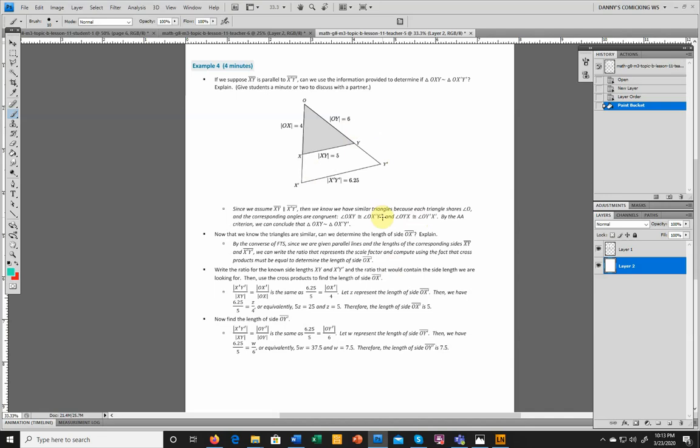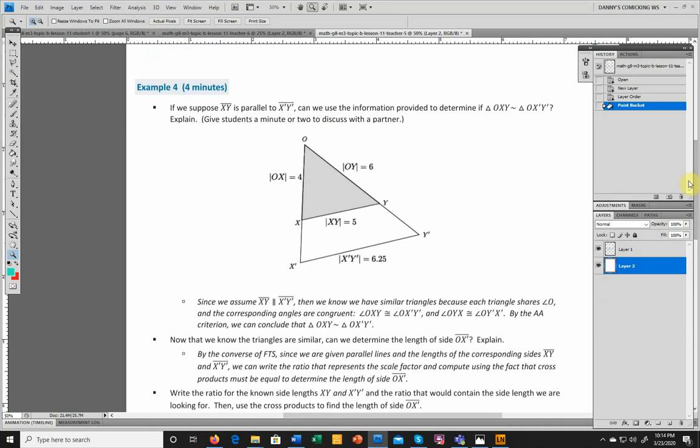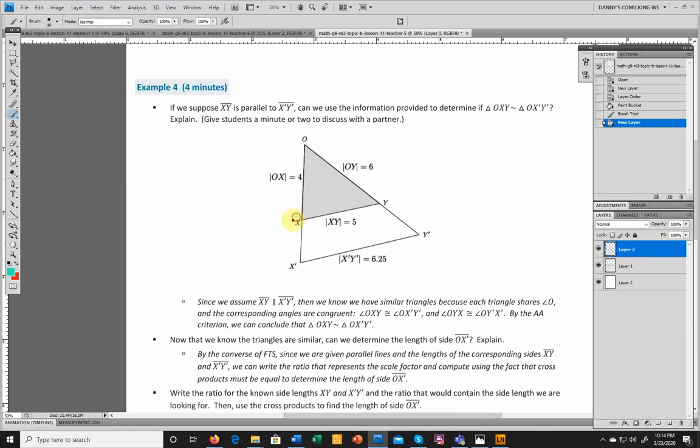So example 4 says, if we suppose that XY is parallel to X prime Y prime, let me zoom in a little bit so you can see that better. To put that in perspective, we have X and Y, and then we have X prime and Y prime.